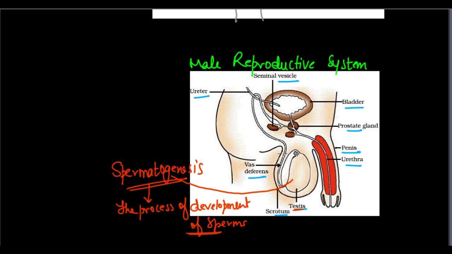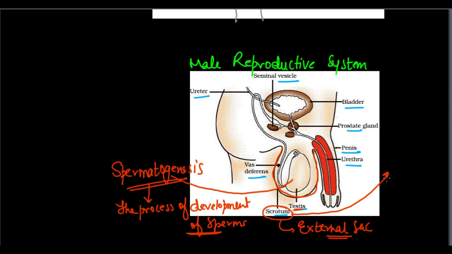Next, this testis is enclosed in an external sac which is called the scrotum. So the scrotum is basically an external sac which holds the testis or the testicles. And what is the basic function of the scrotum?